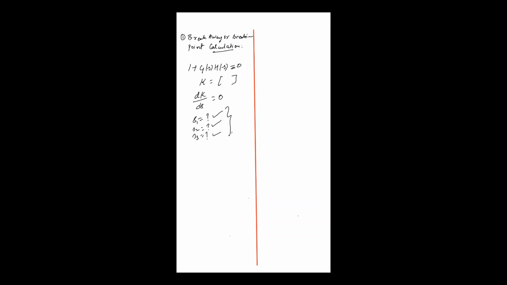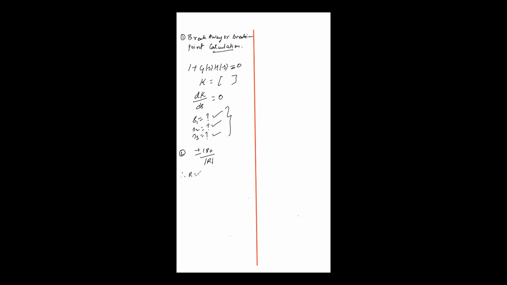Second formula we have seen is how the root locus branch will leave the real axis. That is quite simple. That is 180 plus minus 180 by mod r. What is mod r here?